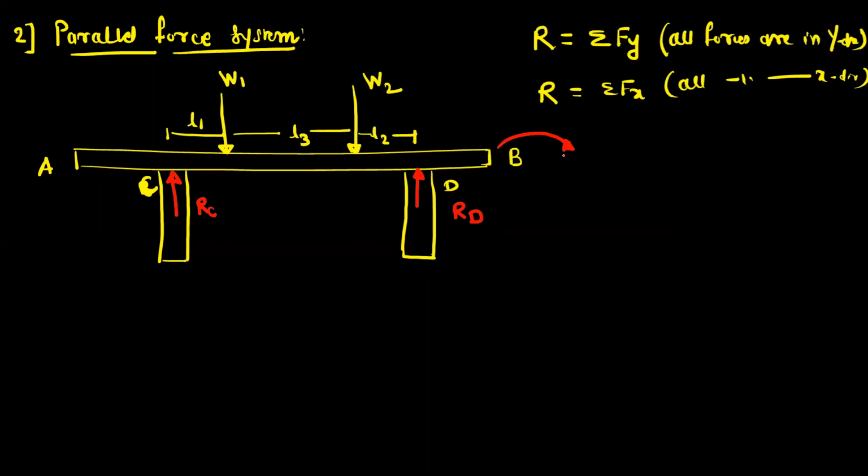For the free body diagram, just isolate this AB. So this is the AB, which may be a wooden plank.